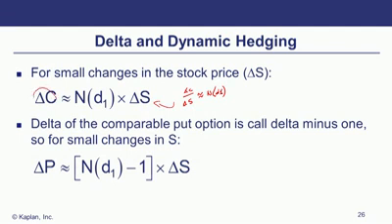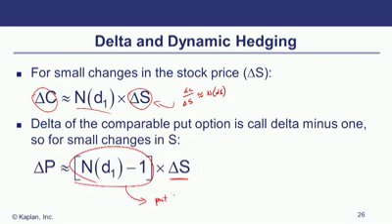We can estimate the change in the call price by taking the delta from BSM, the continuous delta as we say is N(d1), and multiplying it by our expected change in the stock price. Now, if we wanted to do the same for a put, we would then take the estimated change in the stock price, but multiplied by N(d1) minus 1, which of course is the put delta.